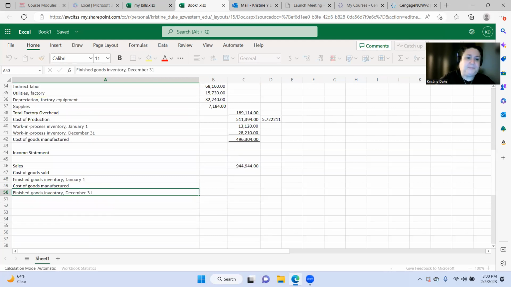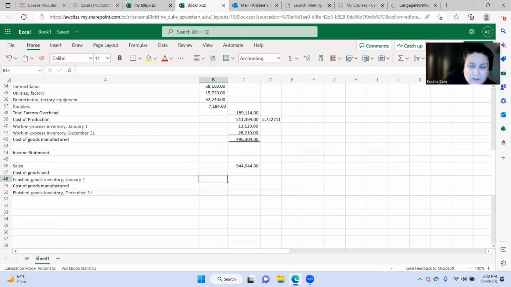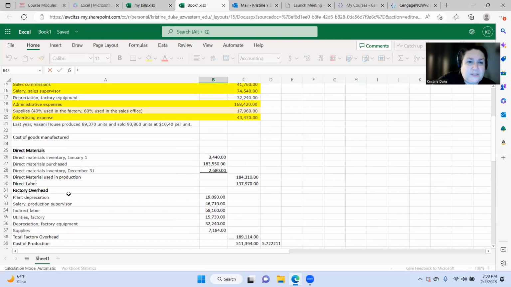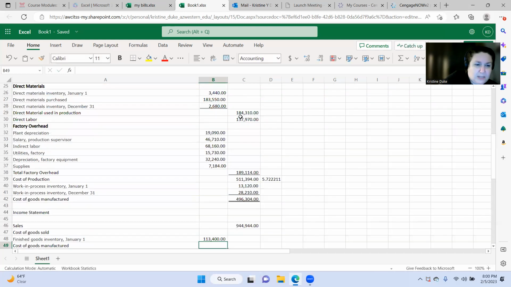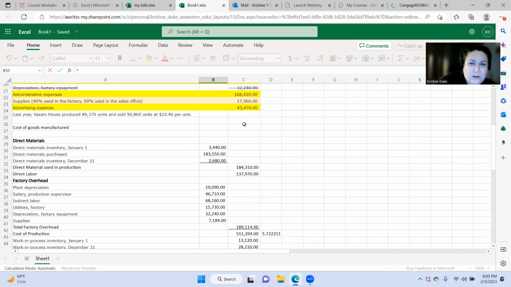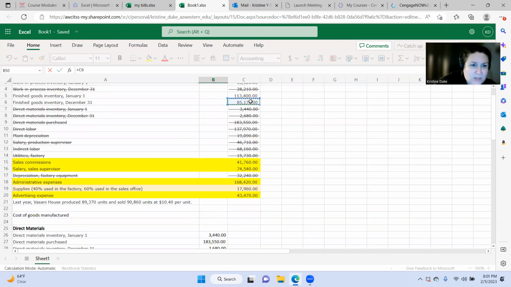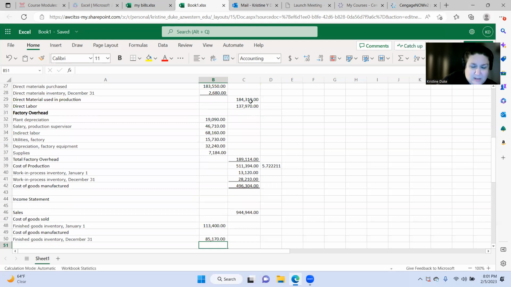Okay. So next thing I'm going to do is I'm going to come over here and I'm going to go plus my finished goods inventory, which is way up here. And then I'm going to go here and grab that one. I am going to grab this one right there.